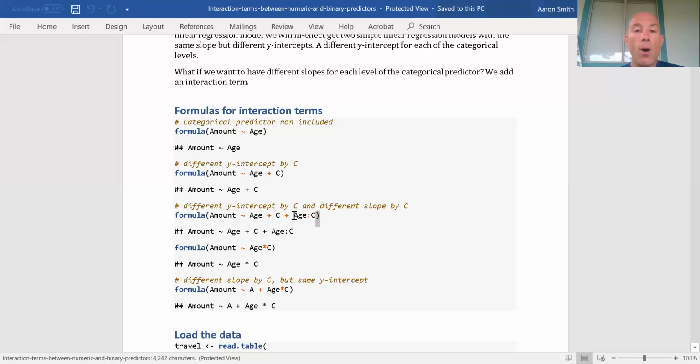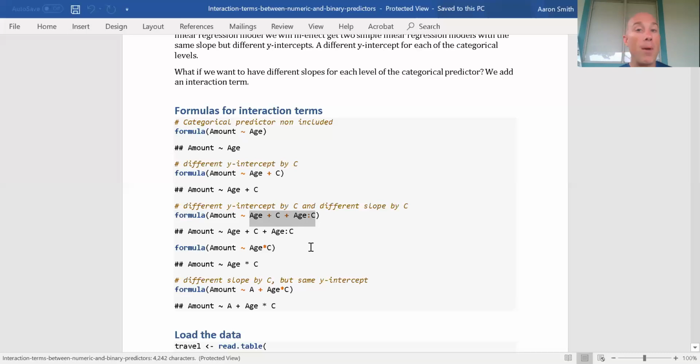If I want a different y-intercept, that's just addition. If I want a different slope, I do a colon. If I want both, if I do age star C, it will enact all 3 of these for us. And so it's a little bit shorter notation.